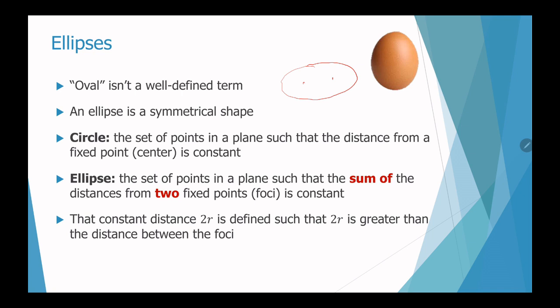When we're defining it, we're saying that for any particular point, the sum of this distance and this distance added together is going to be constant no matter where I am. So if I'm over here, it will be the same value.